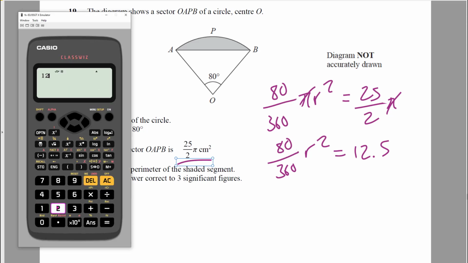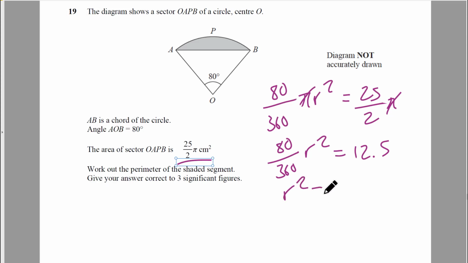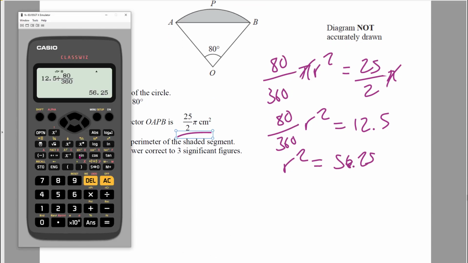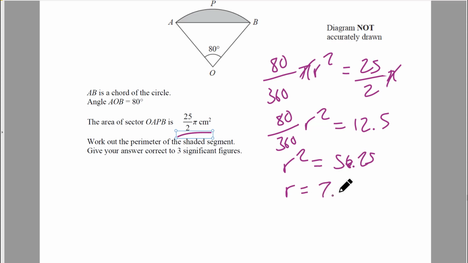So we're going to get left with r squared equals 56.25. We're going to square root that to find r. R is 7.5. So this is 7.5.